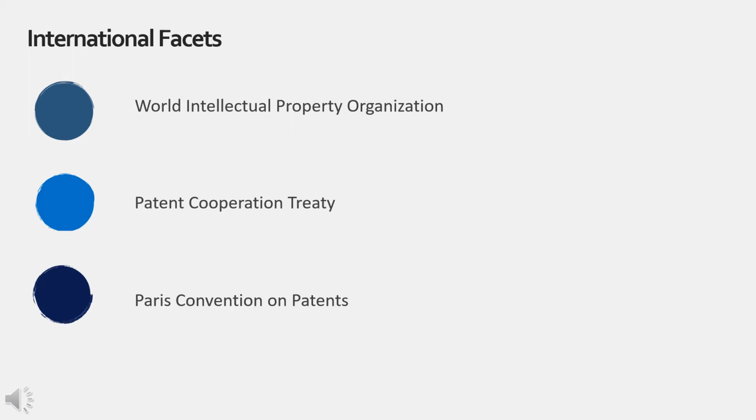Moving from the United States to the international stage, there are three important facets to understand before transitioning to Costa Rican IPR. These are the World Intellectual Property Organization, or WIPO, the Patent Cooperation Treaty, or PCT, and the Paris Convention on Patents, or Paris Union.